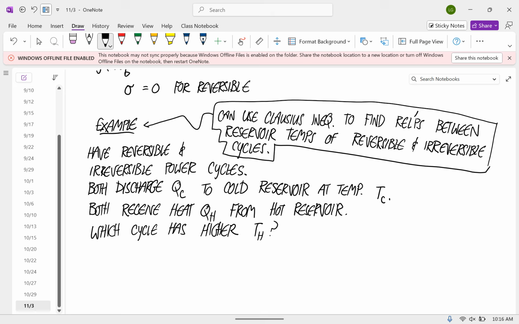Does anyone have intuition about how this is going to work? Think about one of those as being better, and one of them works worse. You're discharging the same amount of exhaust to the cold reservoir.